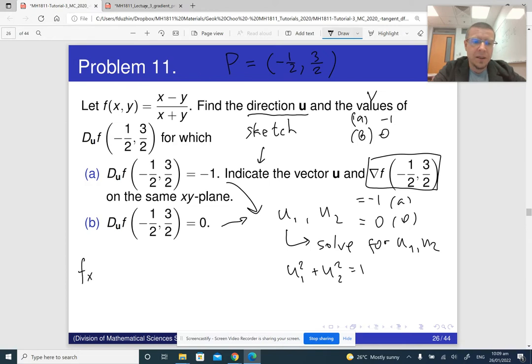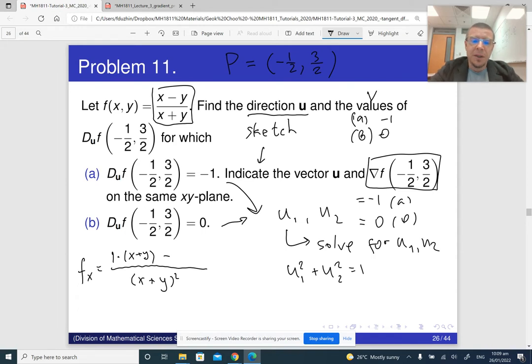So fx is going to be, okay, here is our function, and it is a fraction. So we've got to use the formula for the derivative of a fraction. The denominator of the new fraction is just the square of the original denominator, (x + y) squared. Then the numerator: first we differentiate the numerator of the original fraction times the denominator, so the derivative of the numerator is 1 with respect to x, times (x + y), minus.